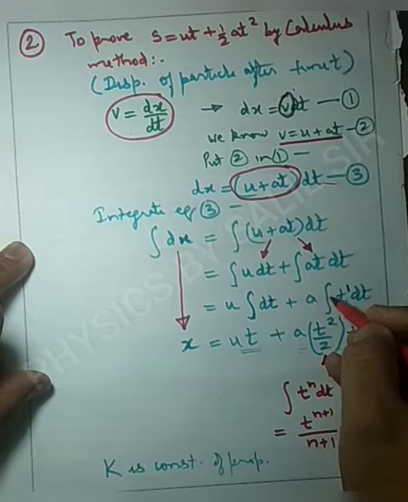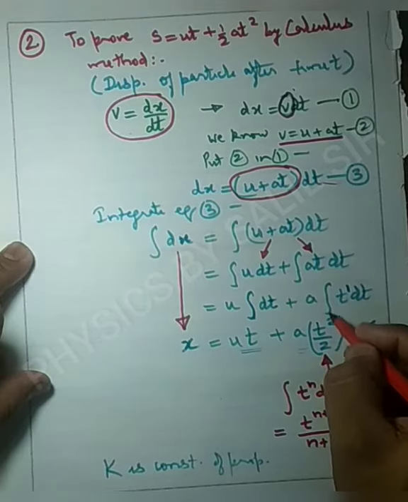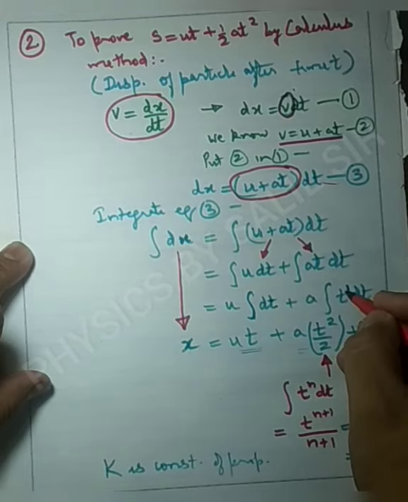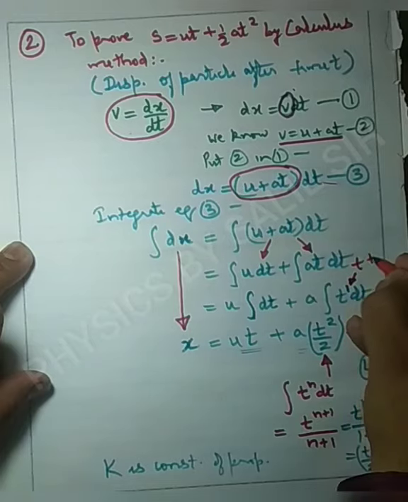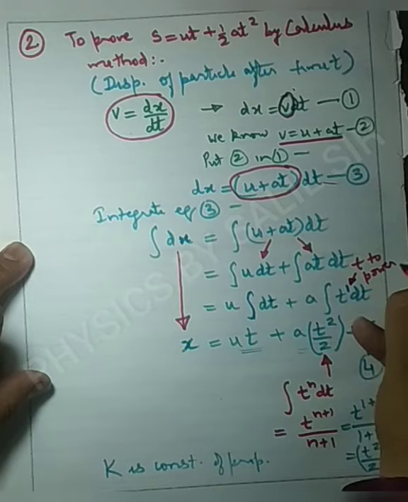Here also a is constant, it is taken out, and under the integration sign we have t dt. This is t to power 1. Don't get confused with t dash. Here also I am writing t to power 1.